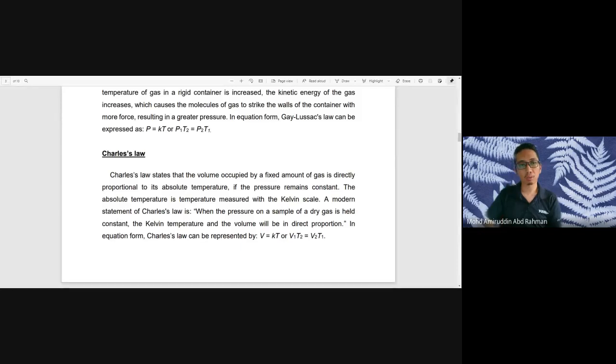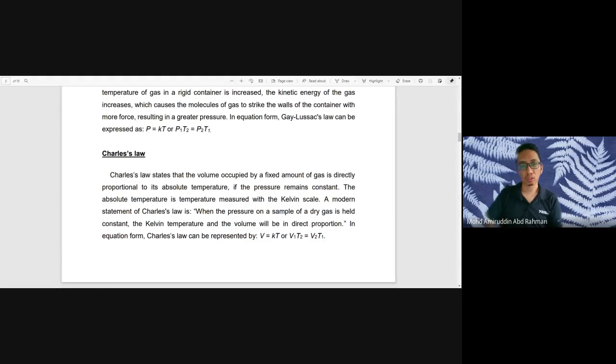The absolute temperature is temperature measured by the Kelvin scale. A modern statement of Charles' law is: when the pressure on a sample of dry gas is held constant, the Kelvin temperature and the volume will be in direct proportion.